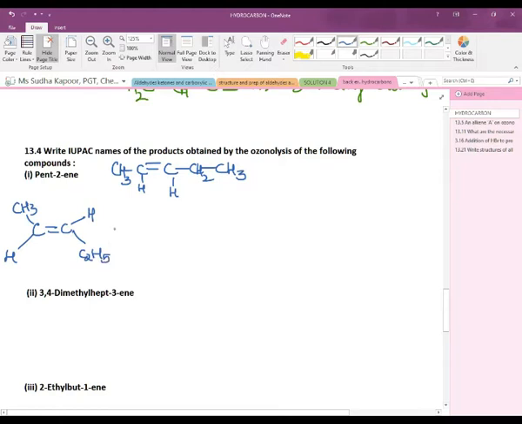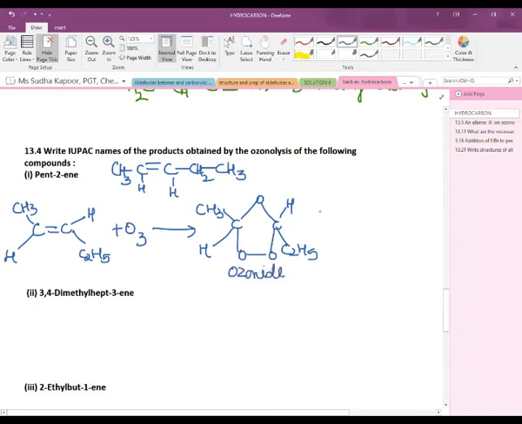Now when you add ozone to it, it becomes ozonide, that is CH3 CH. Ozonide has been formed here, HC2H5, and a complete ozonide is formed. And then the lysis of the ozonide is done, breaking it from here, releasing the O. The product obtained is CH3 C double bond O and H. And on the other side, we get HC double bond O and C2H5. So how the lysis takes place in the presence of zinc and water.